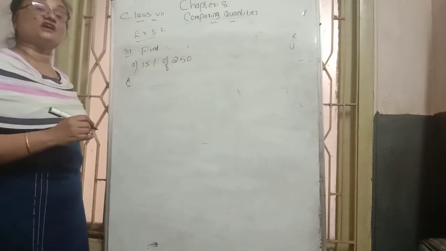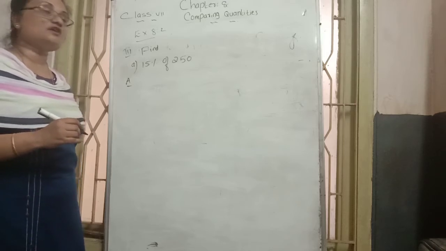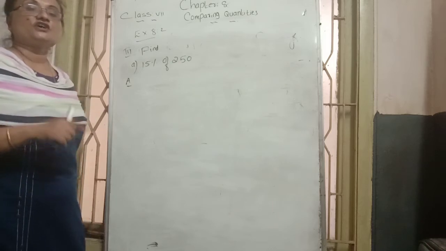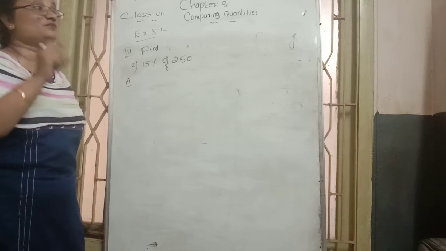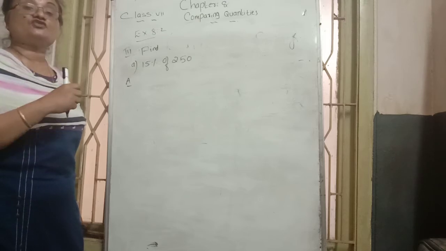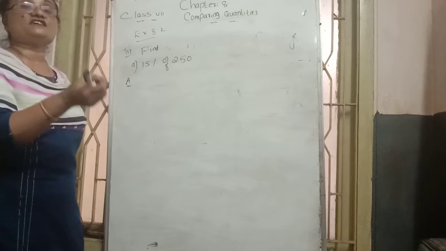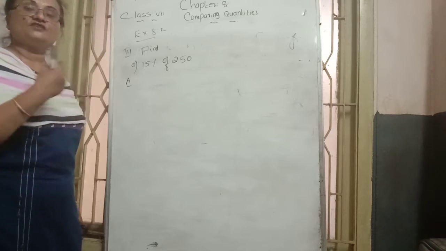That is the question. Find out 15 percentage of 250. Percentage is there, they gave 15 percentage. So first we remove that percentage symbol. Suppose 250 rupees is in my hand, and I want to give 15 percentage of 250. We want to calculate how many rupees.